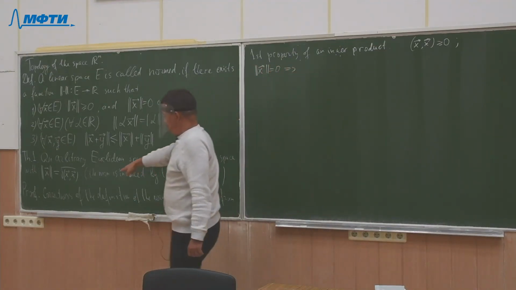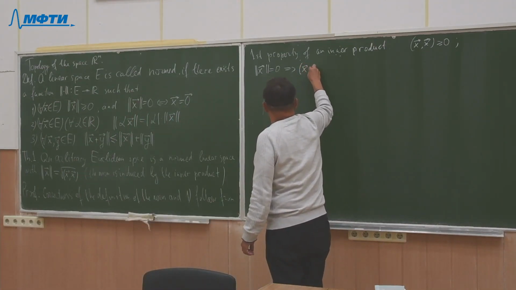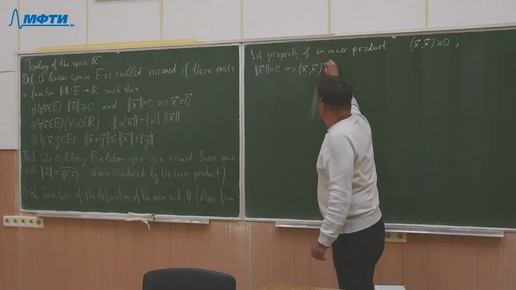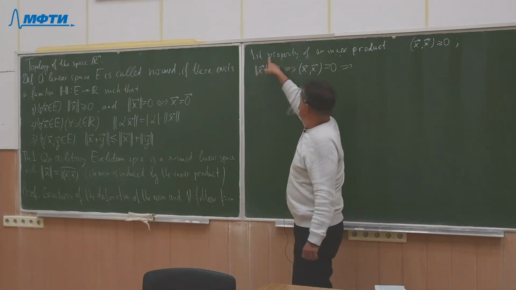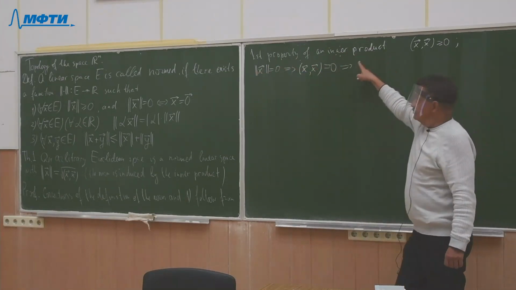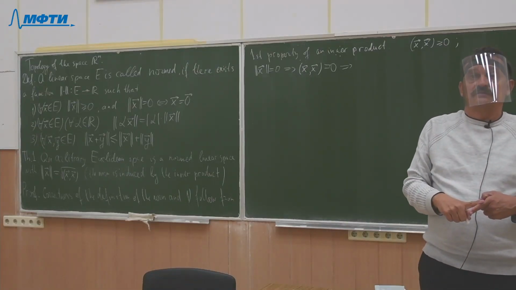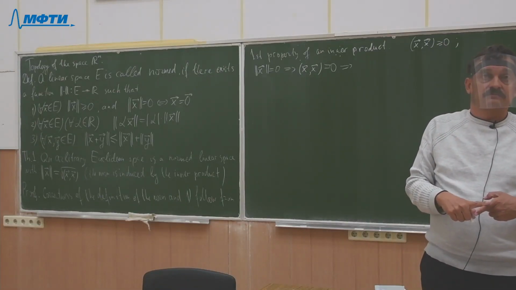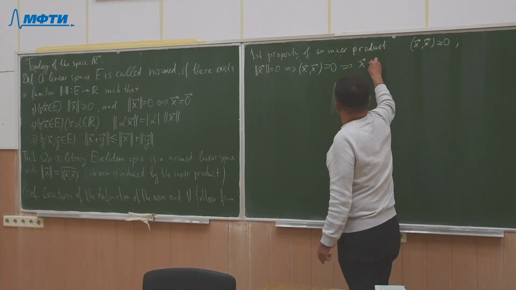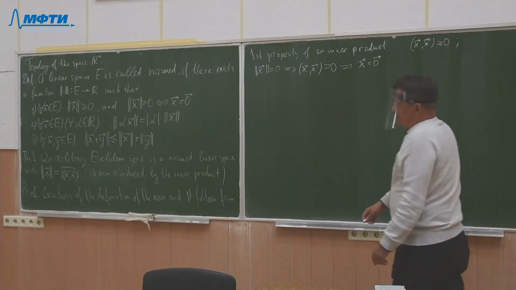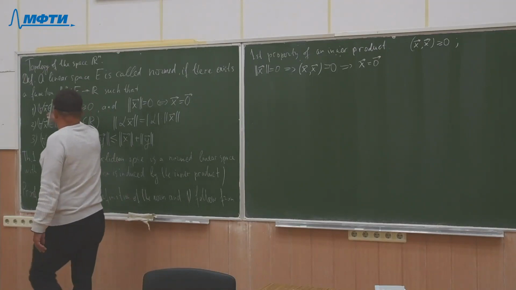By definition it follows that the inner product of x by itself equals 0. And then once again we apply the first property of an inner product. If the inner product equals 0, then the element is 0. So x is the 0 element. So the first property of the norm is okay.